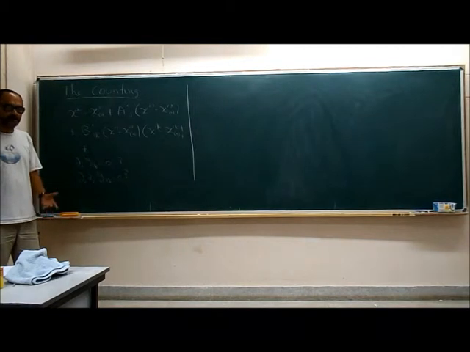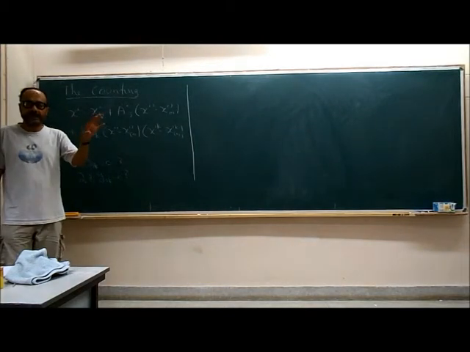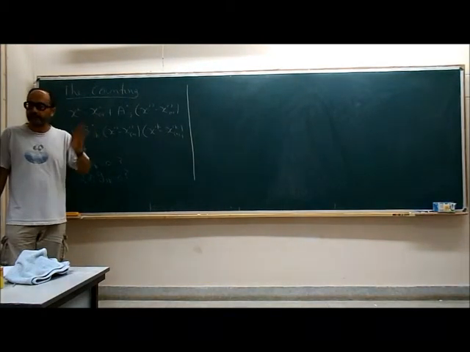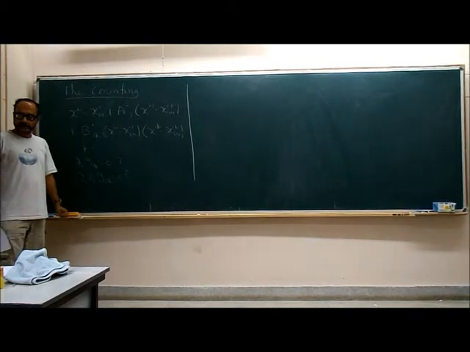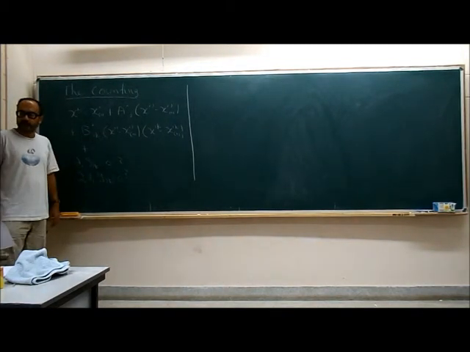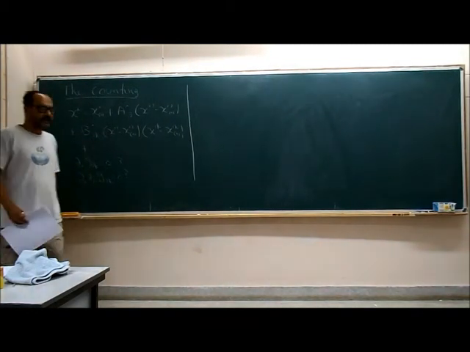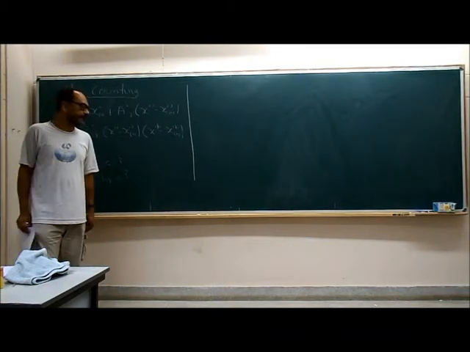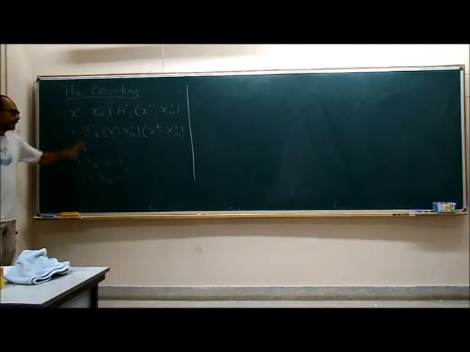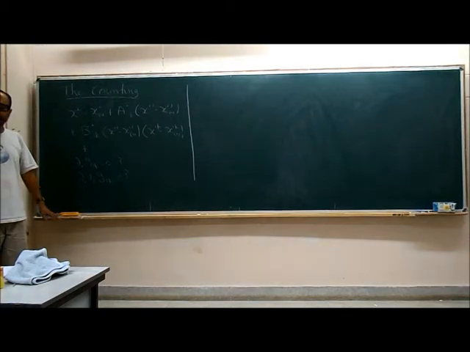Because if the tensor is 0 in one coordinate system, it's 0 in all coordinate systems. So we want to prove that some hypothetical tensor that we might construct out of these, we want to set to 0. Now let's assume, for the sake of argument, that we have found some coordinate transformation which has managed to set the tensor to 0.